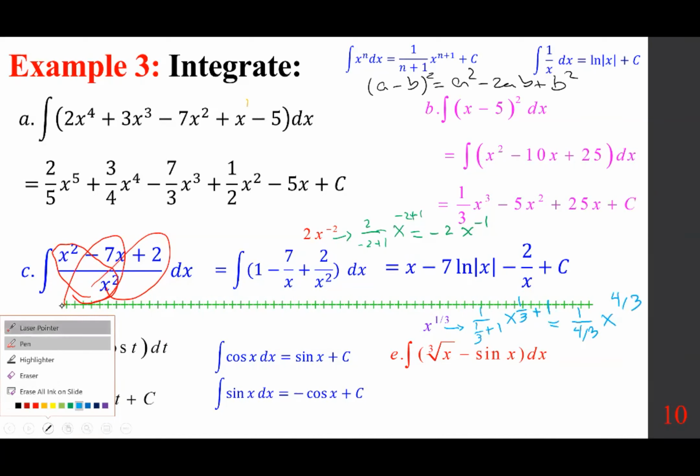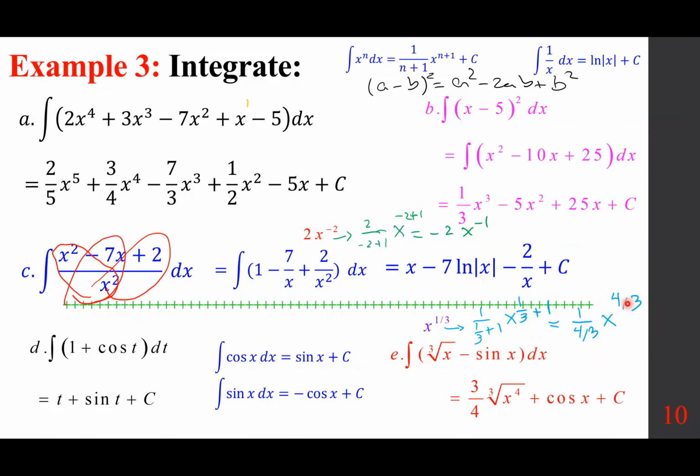Now, 1 over 4/3 means the reciprocal 3/4. And you can leave it like that, or you can write it in this fashion. I hope everybody can see this is the same as cube root of x to the power of 4. And as I explained here, minus sine x gives you plus cosine x. And of course, as always, we have a constant.